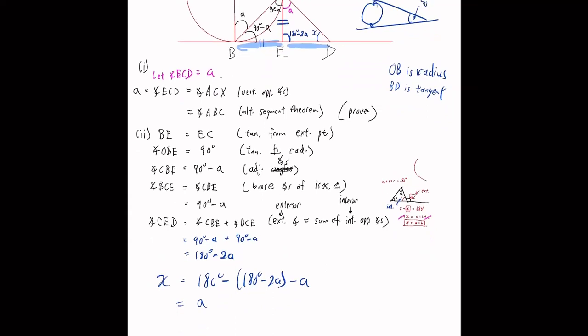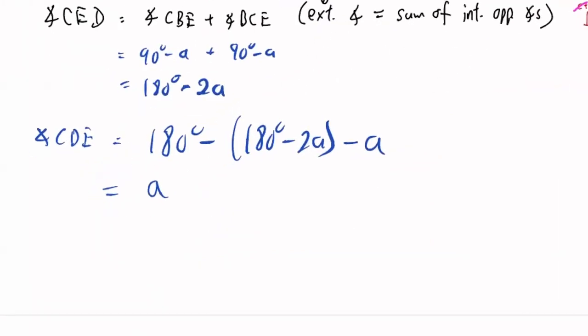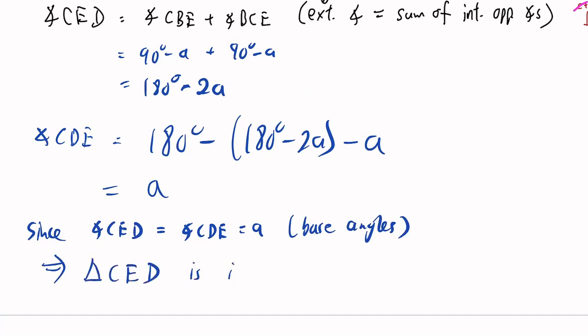So I don't call it X, I'll just call it CDE. Since angle CED equals angle CDE equals A, by base angles, this implies that triangle CED is an isosceles triangle.